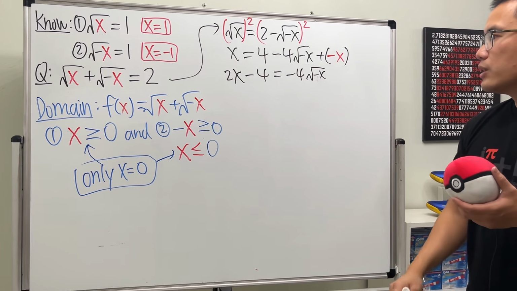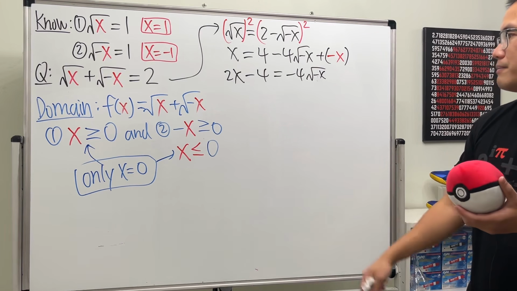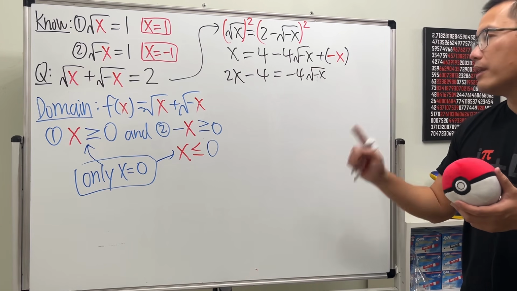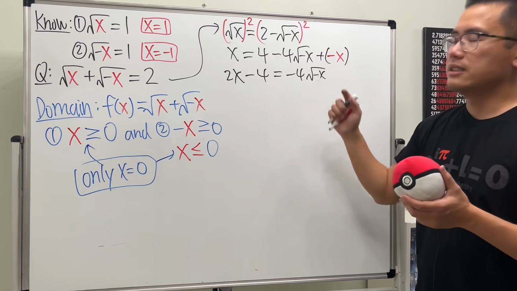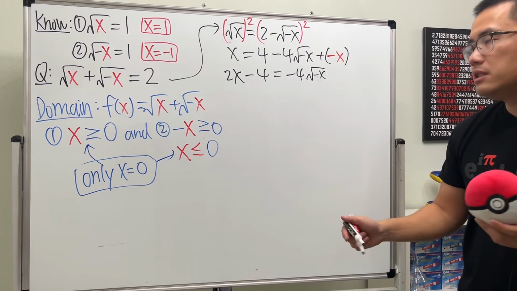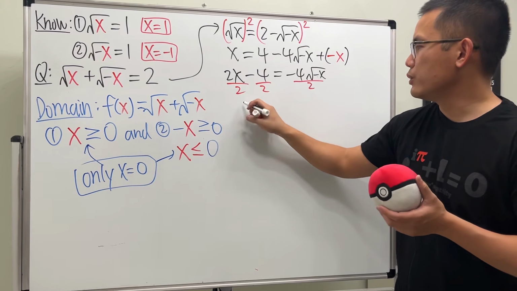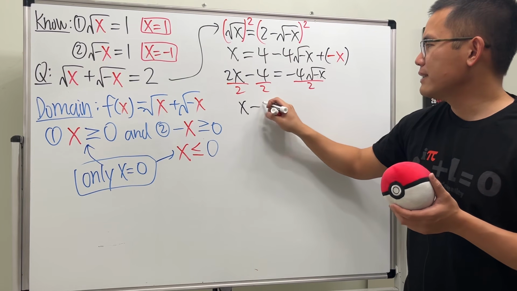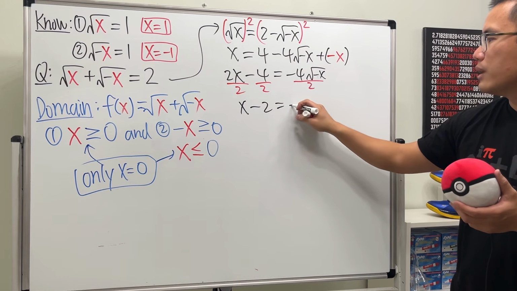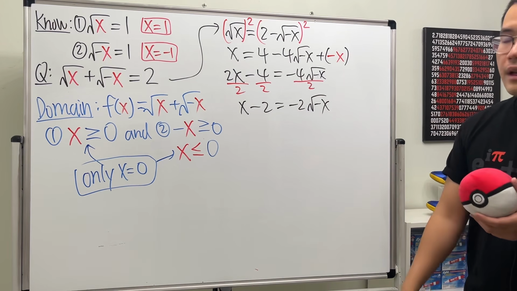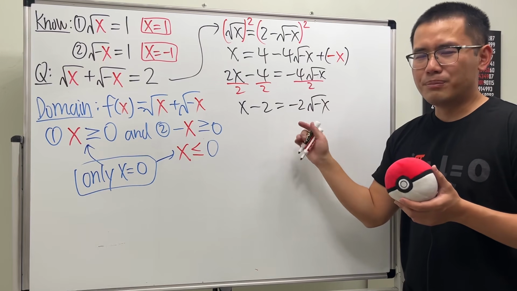Okay, so right now we can just go ahead and solve this, and to do so we can square both sides, but notice that everybody has a factor of 2. So it would be easier if we divide everybody by 2, so that we can reduce it a little bit. x minus 2 equals, reduce that, we get negative 2, and then square root of negative x. We have a lot of negatives here, but it's okay.